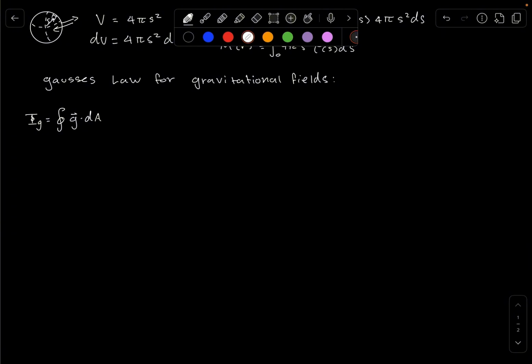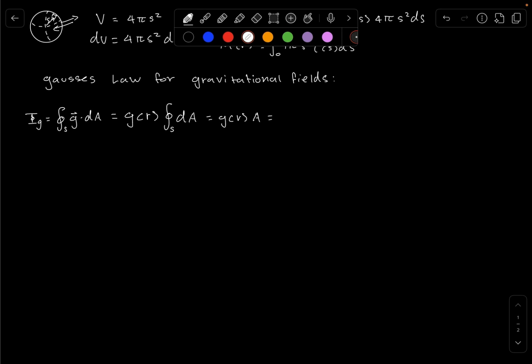So they're parallel, which means that G dot dA is just G of r dA. So this becomes the integral of G of r dA, where G is constant, so we can pull G of r out of the integral of dA, which is just the surface area, 4 pi r squared.